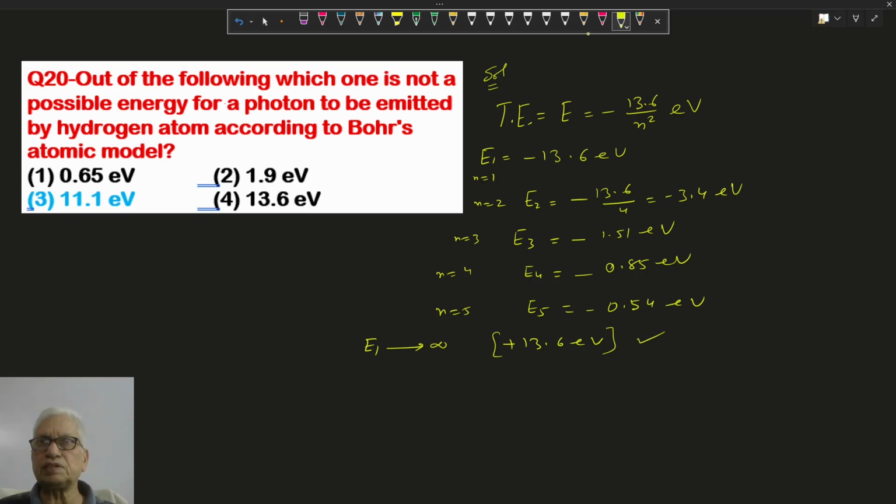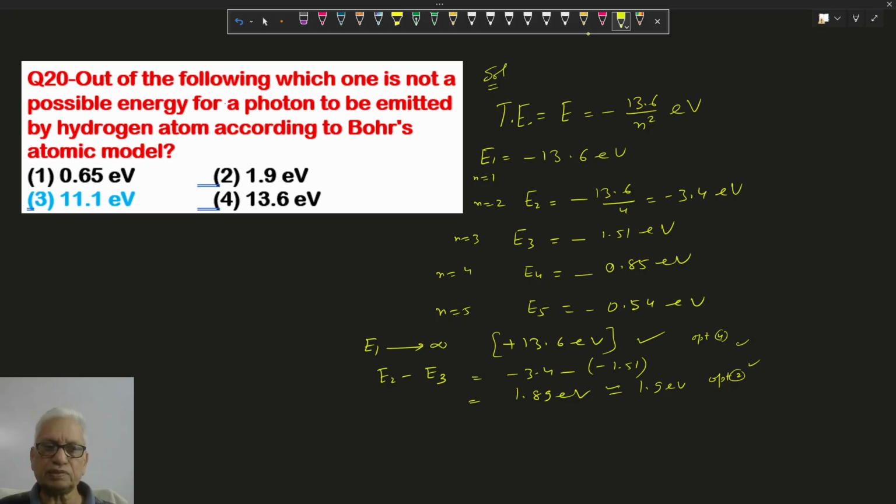So 13.6 means option 4 is correct. And if we subtract E2 minus E3, we get roughly 1.89, or 1.9 electron volt, so option 2 is also correct.